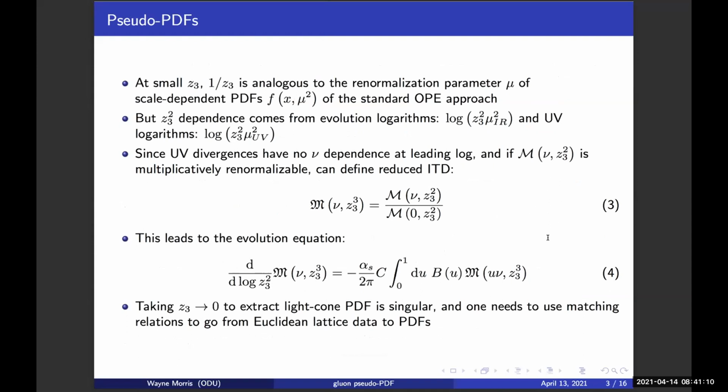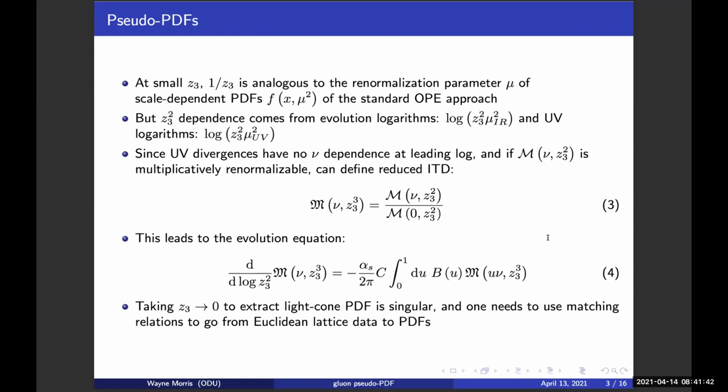So we first need to remove that in order to keep just the Z3 dependence coming from the evolution terms. Now, since the UV terms turn out to not be dependent on the alpha time, we can take this reduced alpha time pseudo distribution, which is this ratio here, where we take the alpha time distribution divided by the same quantity at 0 alpha time.